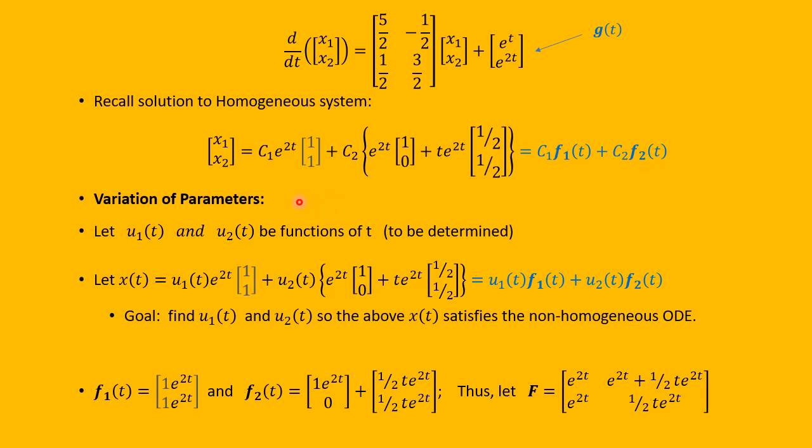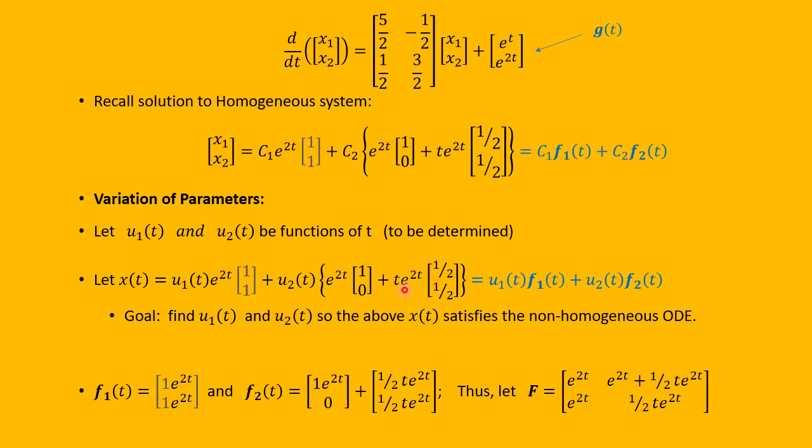So now we start variation of parameters. Let's let u sub 1 of t and u sub 2 of t be functions of t, which we will determine. And we'll let x of t be the following: u sub 1 of t times this stuff plus u sub 2 of t times this stuff.